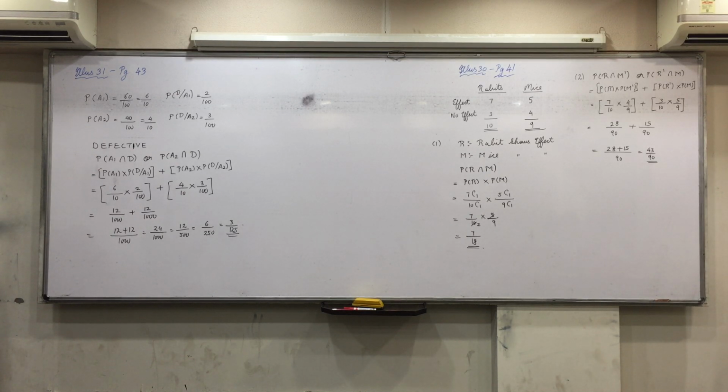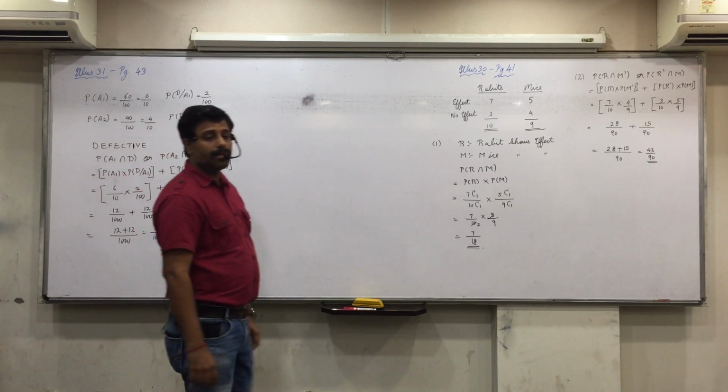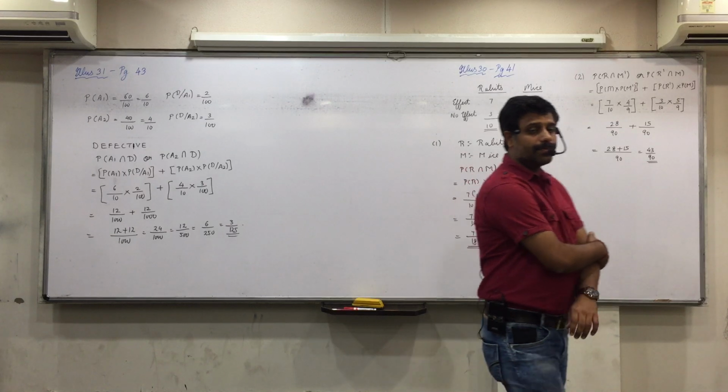It does not tell the four probabilities. Now let us look at just the probability that the item is defective.